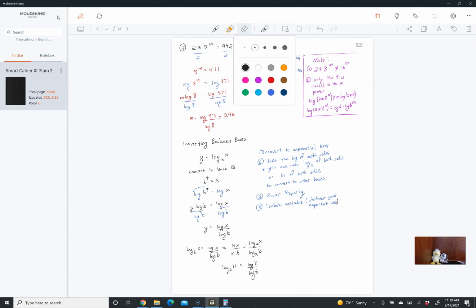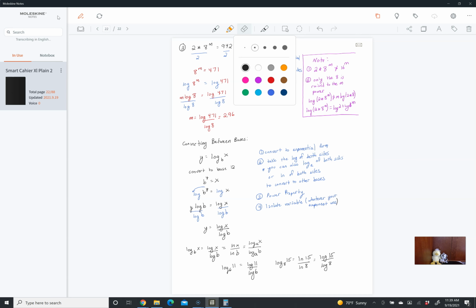Log base 8 of 15 can also be written as ln of 15 over ln of 8. Or it could be written as log of 15 over log of 8. That's fine also. So it just depends on what base you want.